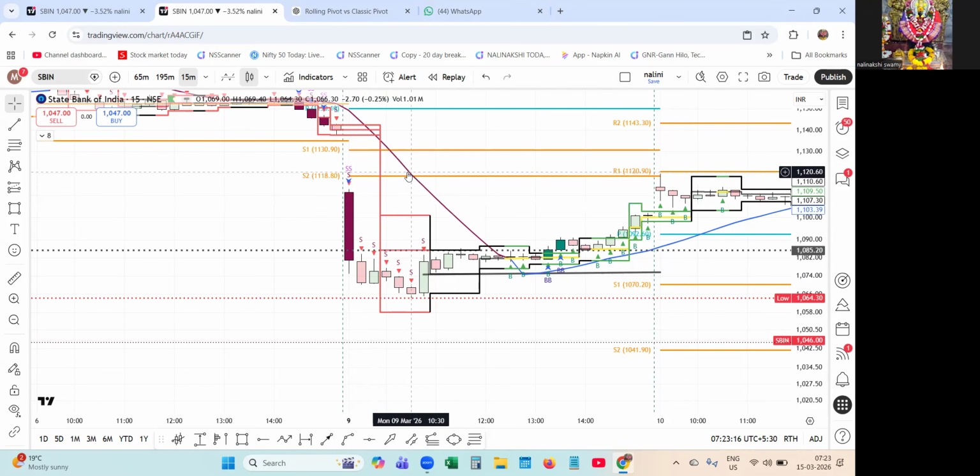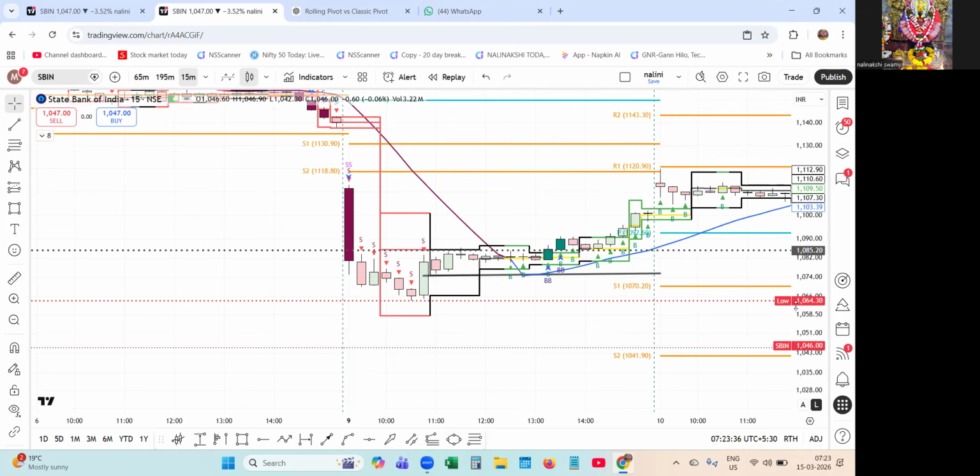They are doing nothing. They are just numbers calculated from yesterday's data. With this rolling pivot, you can enter the trade comfortably for the upside expansion on an intraday basis.